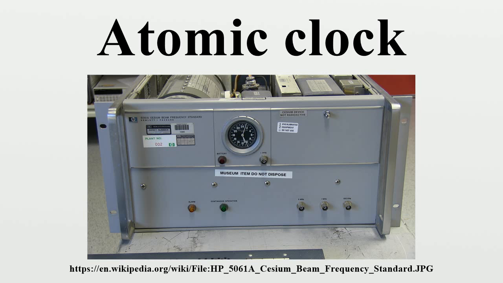In 2011, the NPL-CsF2 cesium fountain clock operated by the National Physical Laboratory, which serves as the United Kingdom primary frequency and time standard, was improved regarding the two largest sources of measurement uncertainties, distributed cavity phase and microwave lensing frequency shifts.